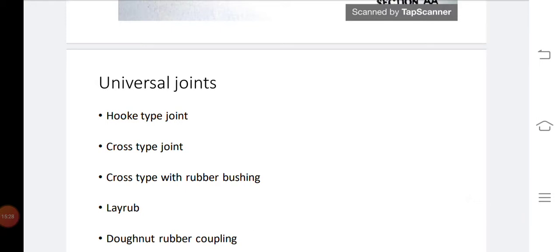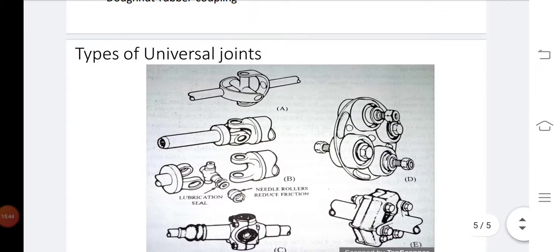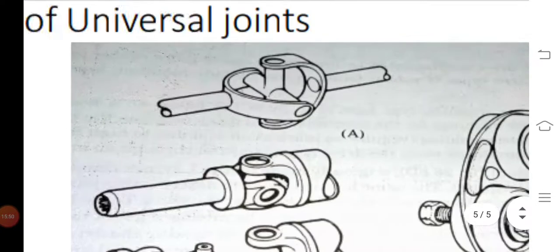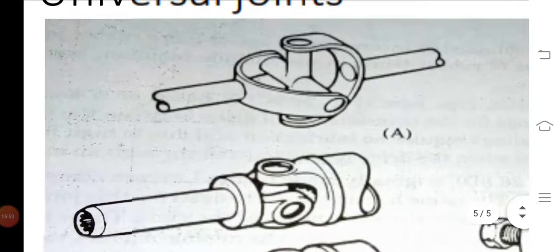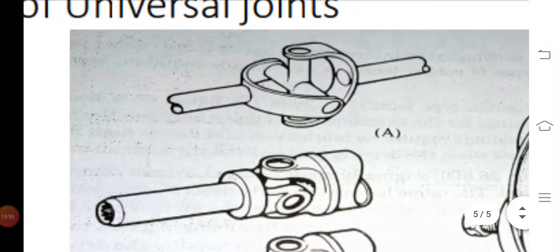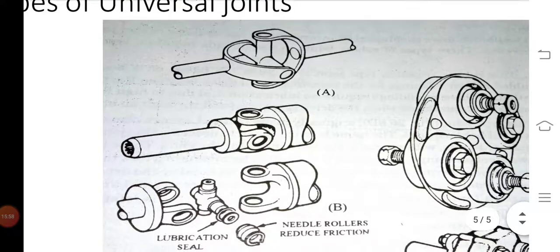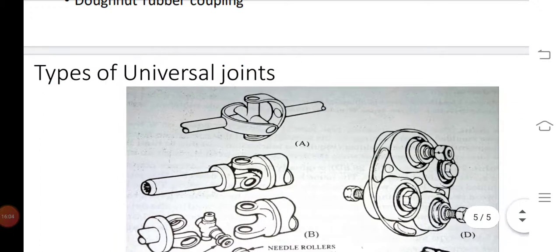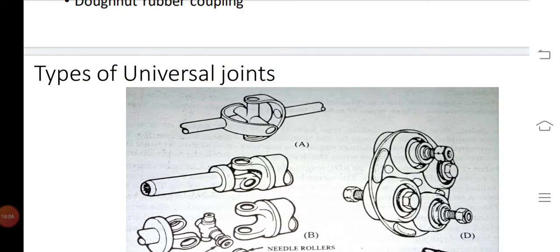Now universal joint. There are so many types of universal joints. These two pictures show the most popular types of universal joints used nowadays.